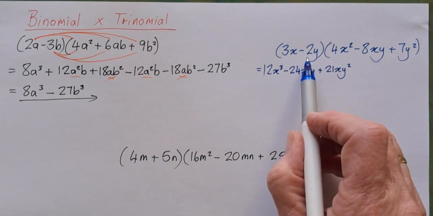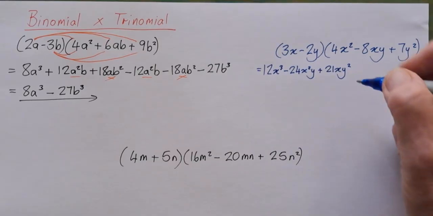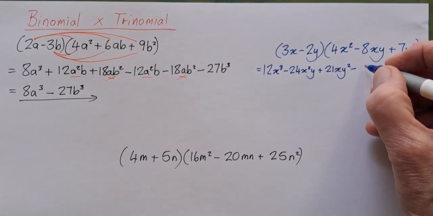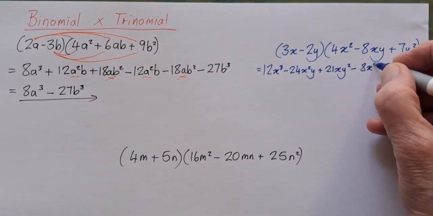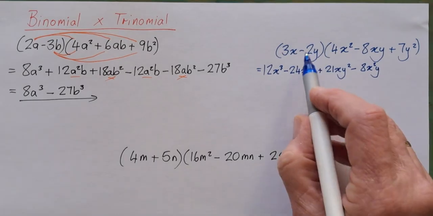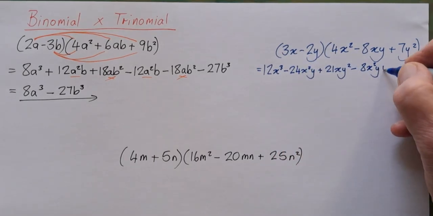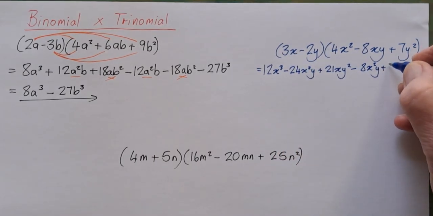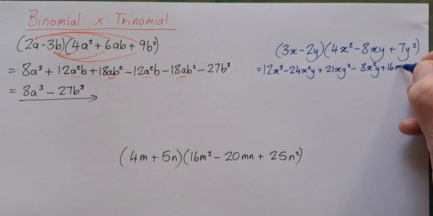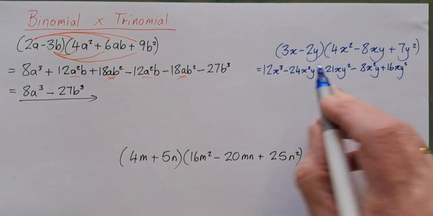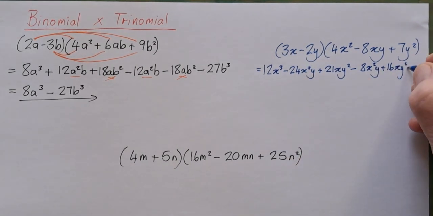Now we move on to the second term. Negative times positive is negative 8x squared y. Negative times negative is positive 16xy squared. And that times that is going to give me negative 14y cubed.